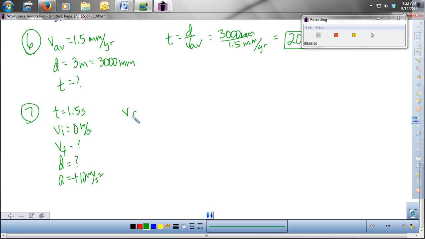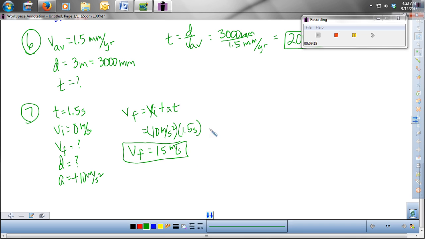So VF equals VI plus AT. VI is 0. A is 10. T is 1.5. So VF is 15 meters per second. Distance is 1/2 AT squared plus VIT.